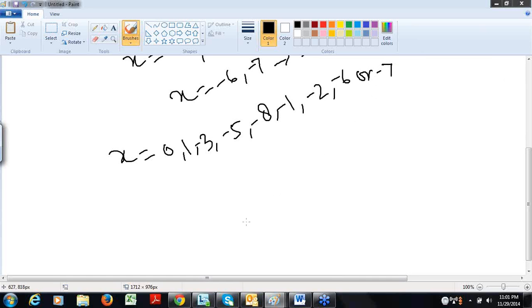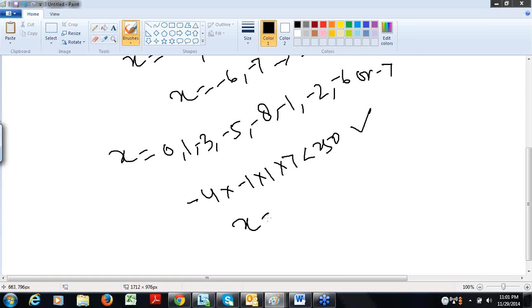So 9 values we have found out. Now in ascending order, the value in between that we have not verified is minus 4. If we verify it, it will be minus 4 into minus 1 into 1 into 7, which is less than 250. So this will also hold good.